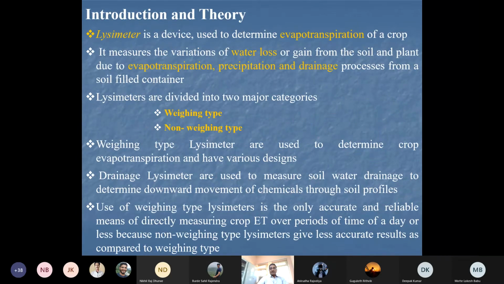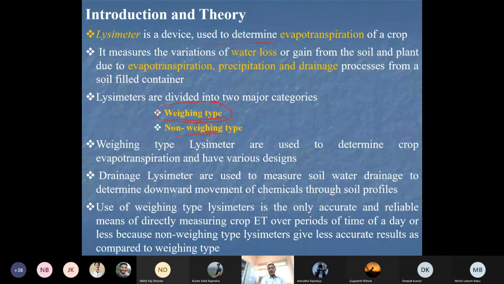Now to measure this, you have learned that a lysimeter is a device that is used to determine evapotranspiration. There are two types of lysimeter, weighing type and non-weighing type. We are simply trying, in the lab condition, to understand a weighing type lysimeter. By the way, there are different methods.